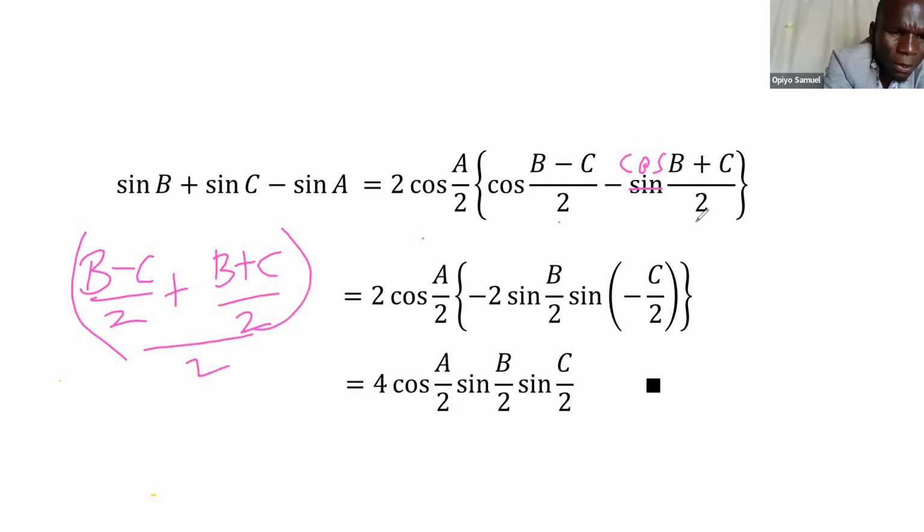When you simplify this, it reduces to B out of 2. C is negative here and positive there, so C will cancel. Meanwhile, when you subtract here, you subtract.